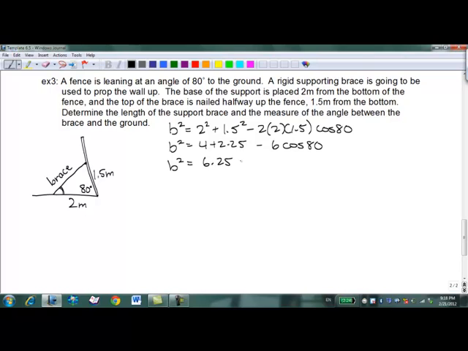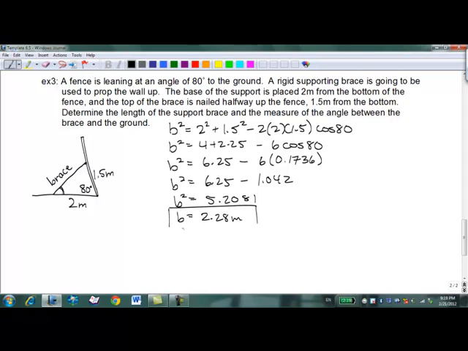That's 6.25 minus 6 times cos of 80, which is 0.1736. 6.25 minus 1.042 is 5.2018, and taking the square root, we get a nice happy 2.28 meters, which, you know what, that kind of makes sense. Those lengths look about right. Our angle's about 80 degrees. It's not a huge stretch in the imagination that could be right.